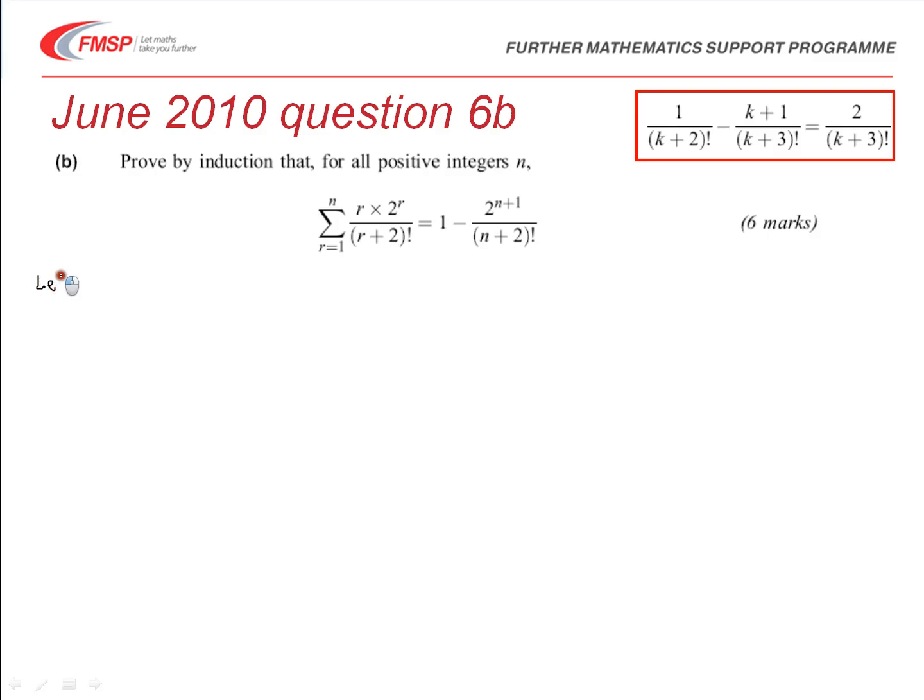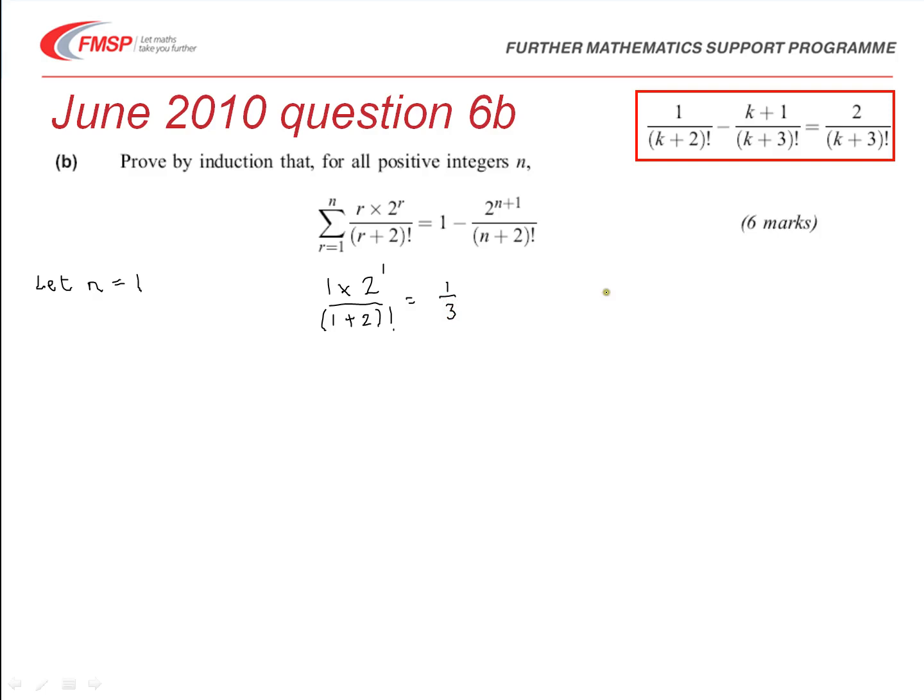So if we let n equal 1 as our starting value, then we can see that this left-hand term becomes 1 times 2 to the power of 1 over 1 plus 2 factorial. So this term is equal to 2 over 3 factorial, which is 2 over 6, which is just 1/3.